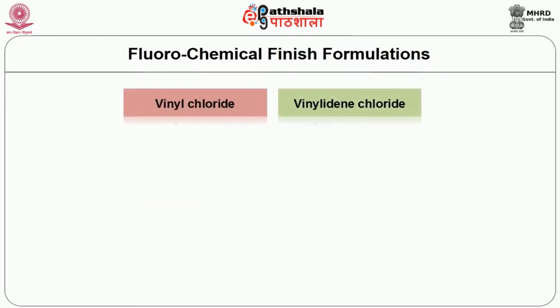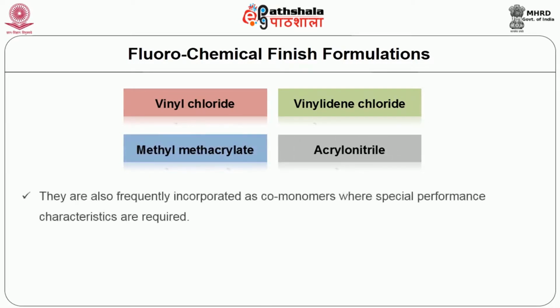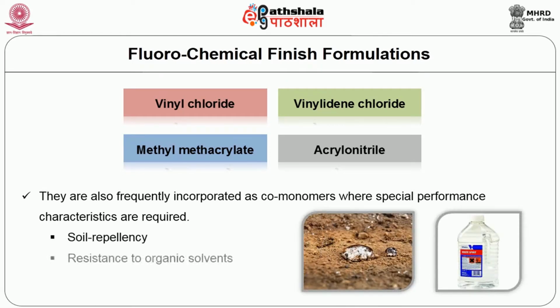Vinyl chloride, vinylidene chloride, methyl methacrylate and acrylonitrile are also frequently incorporated as comonomers where special performance characteristics are required, such as oil repellency or resistance to organic solvents and white spirit.